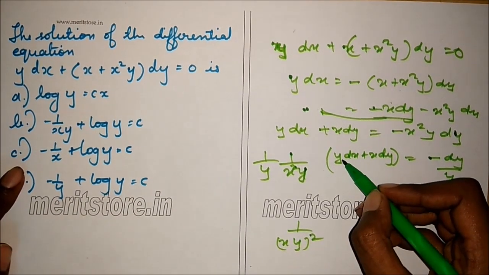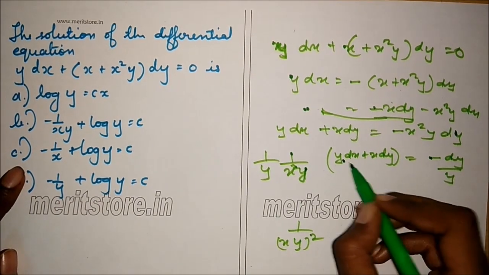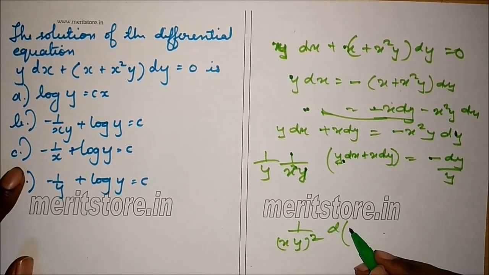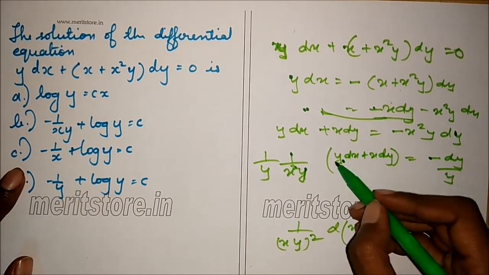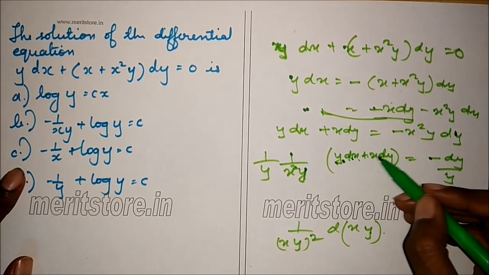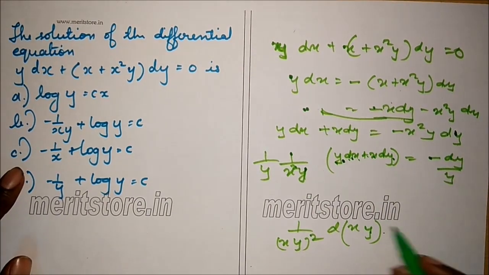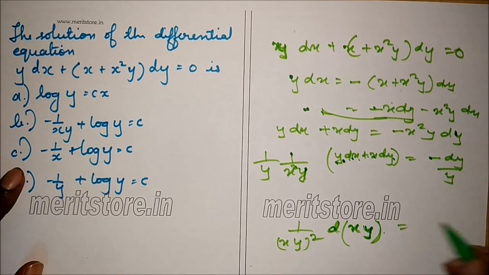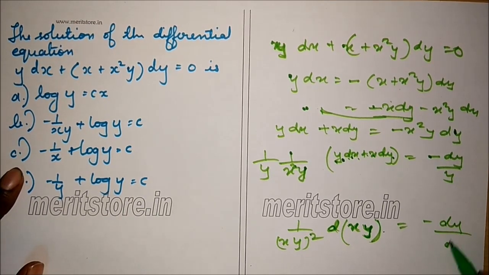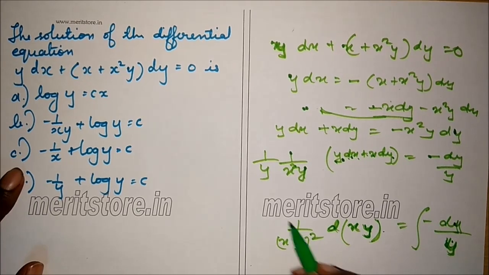And this is the formula for u into v for x and y. So this will be d of xy. So derivative of xy is y into derivative of x, that is dx, plus x into derivative of y, that is dy. So derivative of xy, and this will be minus dy by y. So integrating this with respect to dy and integrating this with respect to d of xy.